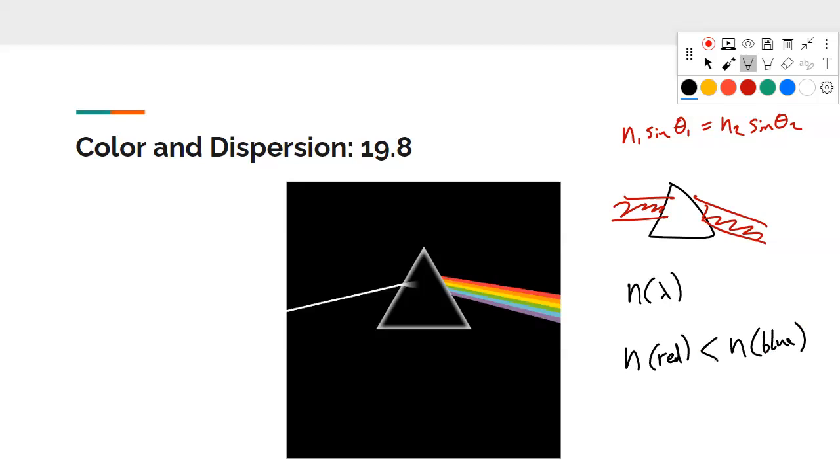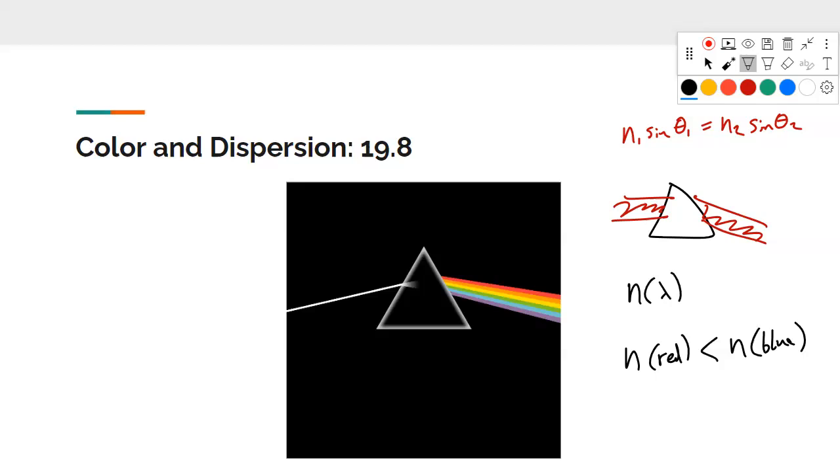Generally speaking, for higher frequencies of light, the photon is having to vibrate more frequently. That would be like blue light. Those frequencies have a harder time traveling through materials, right? You can imagine if you were trying to wiggle side to side as you swim, the faster you move side to side, the harder it would be to swim. It's very similar with light.